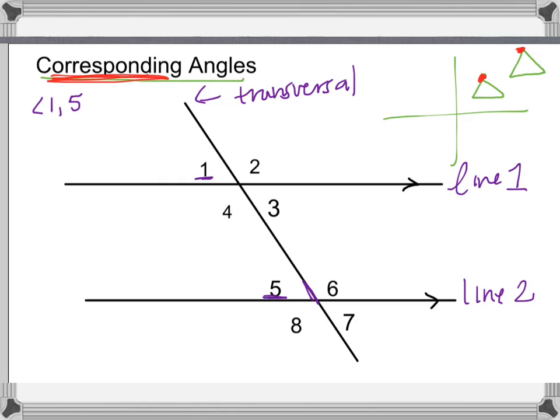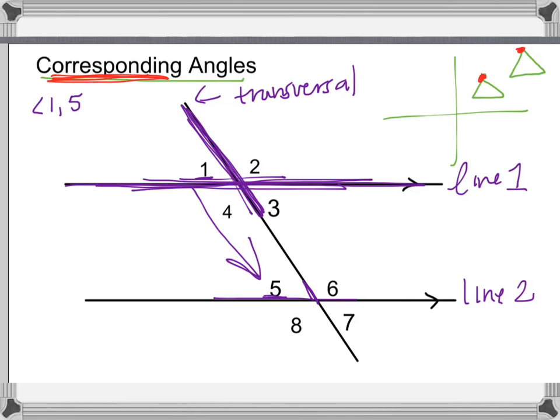Okay, now you can really see this because look at this line right here. If I were to take this crossing right here, where the transversal cuts through, and just drag it down, translate it downward right here, then angle 1 would lie right on top of angle 5.